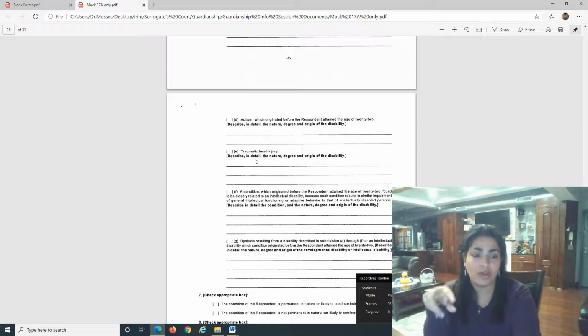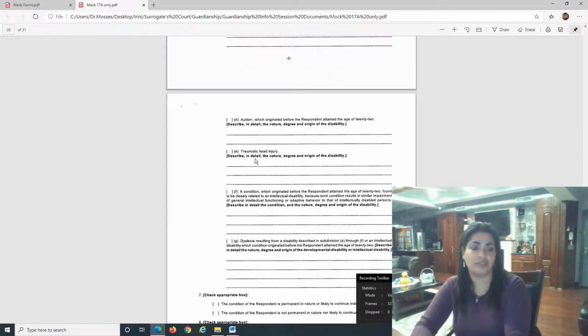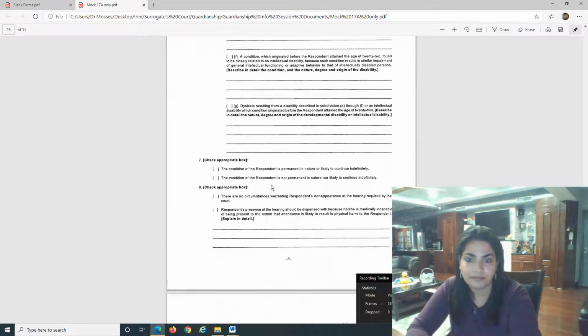These two documents on their own are not sufficient, so you have to have the tests, whether it's the Stanford Binet or the IEP or the ISP, something else has to go along with these two documents when you're submitting it. So again, we have a better idea of the respondent's abilities.